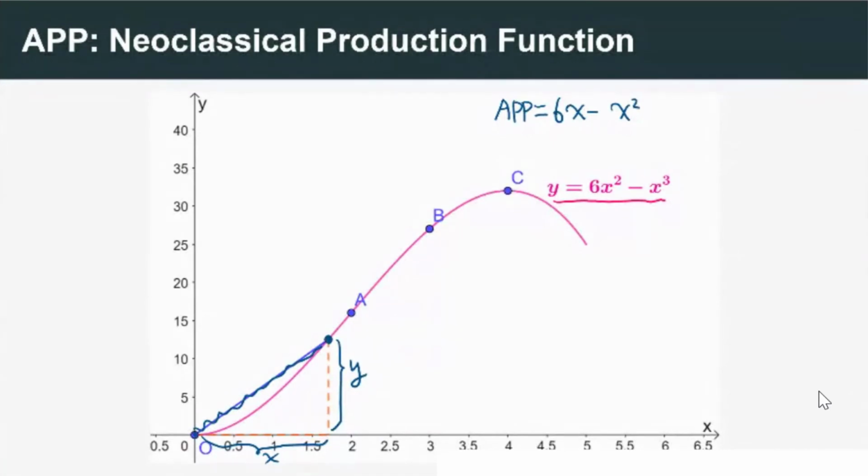And if we have to calculate the APP for a different point, for example point A, we have to connect, excuse me, this should be a straight line. We have to connect OA, and then again, the APP should be the slope of the ray line OA. Let me put it a little bit better.